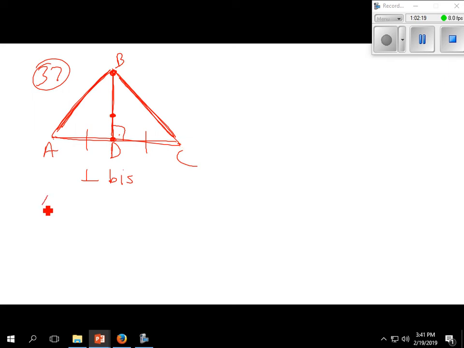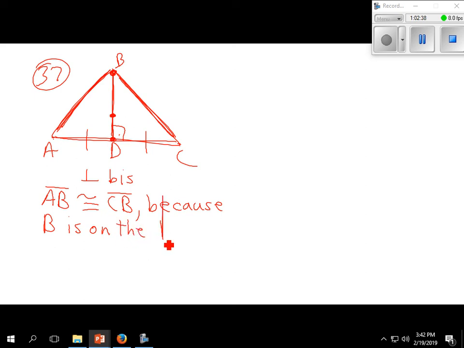So I'm going to say segment AB, this is going to be our explanation, is congruent to segment CB. And our reason is because B is on the perpendicular bisector of segment AC.